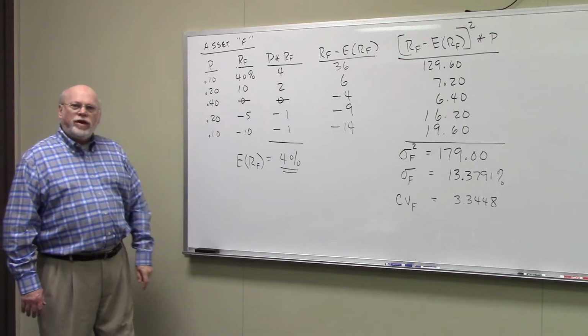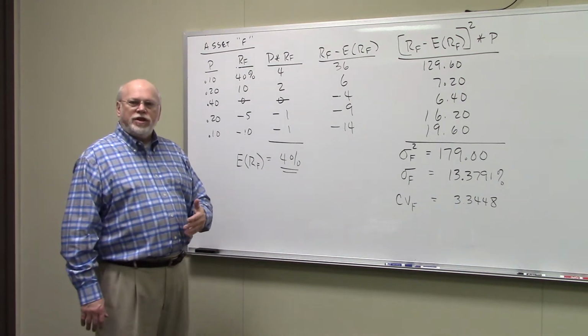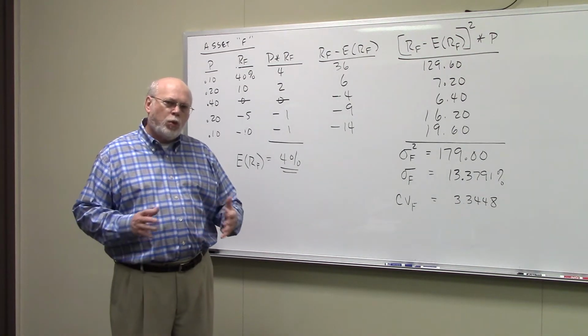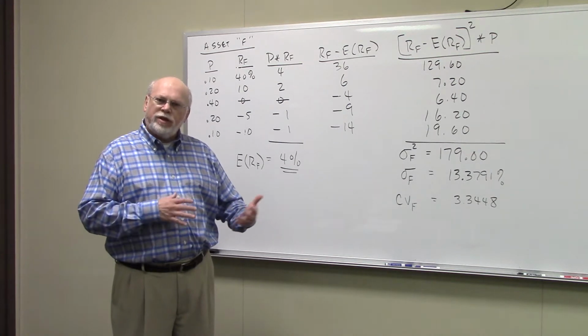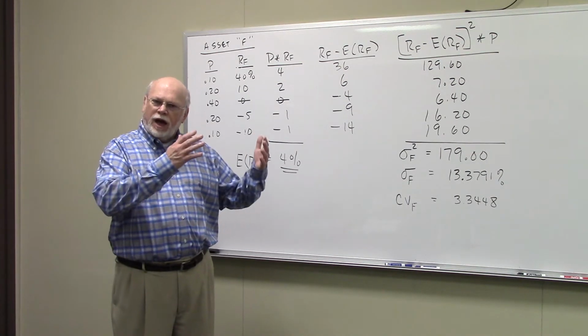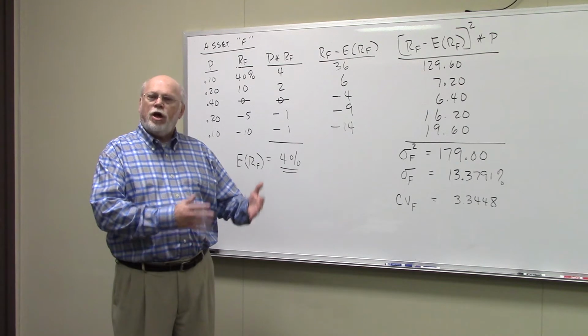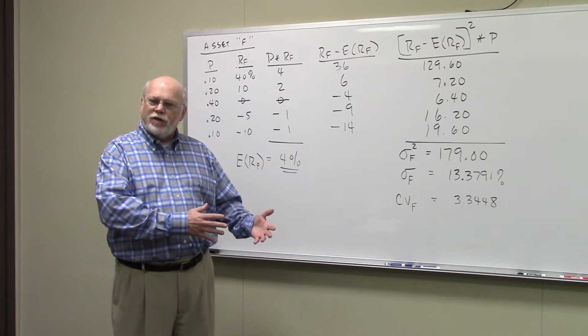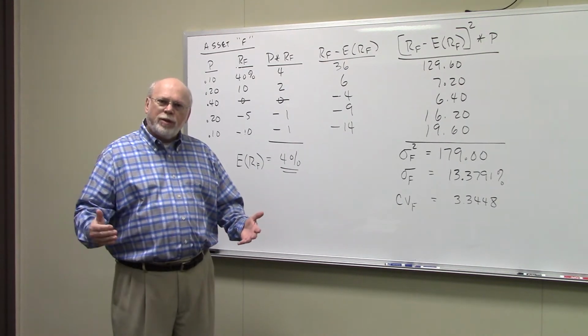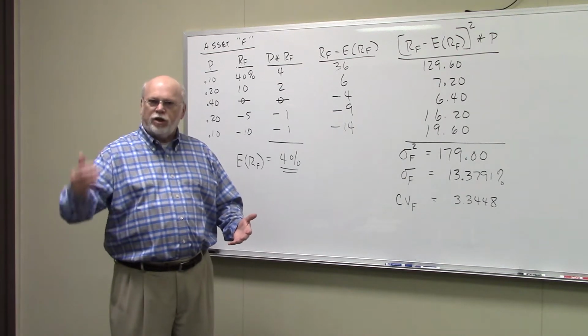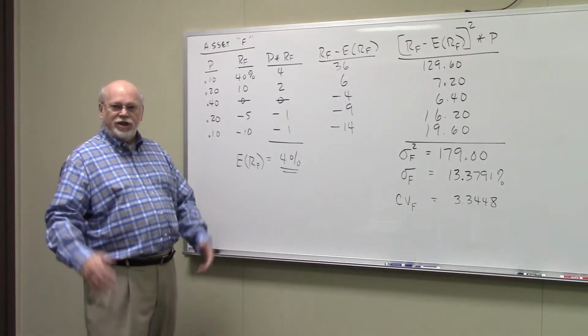Now, when you calculate the mean of a probability distribution, you calculate what's known as a weighted average mean. So in this problem, we're going to take the observations, the returns, multiply them by the probability of occurrence, and then we're going to sum those products, that is, the result of all those multiplications that we did.